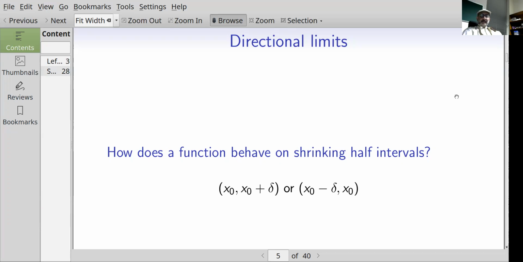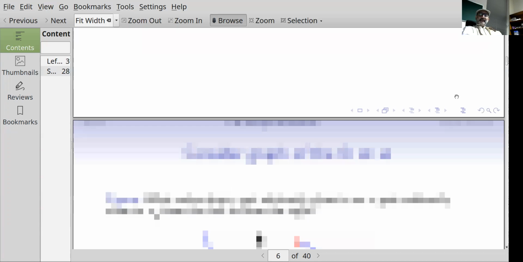And are they tending towards a particular value or not? And it turns out that the answer to that question can give you some information, can tell you something about the regular limits that we've been considering before. Okay?